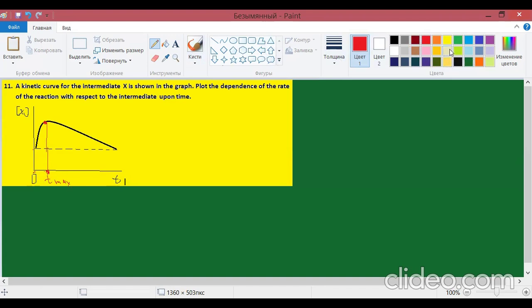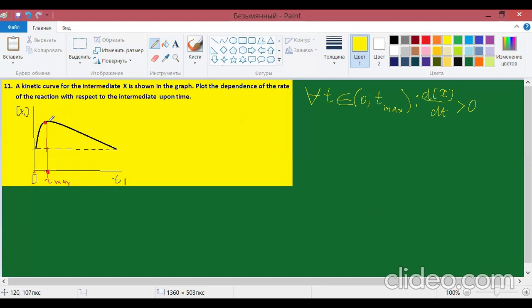We can write the symbol for any in mathematics, this one. For any t which belongs to the interval from 0 to t sub max, the derivative of the function x is positive.